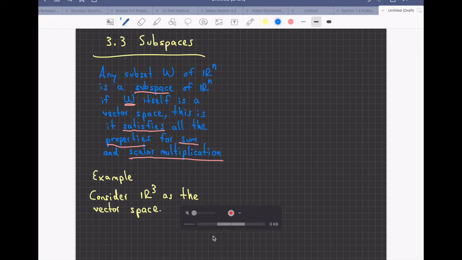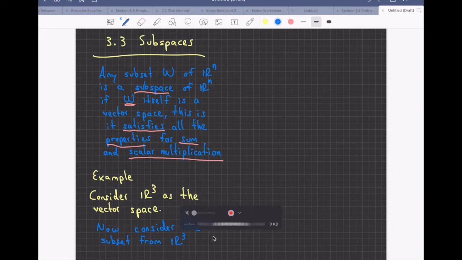And consider the subset from R3 that is defined in the next way.